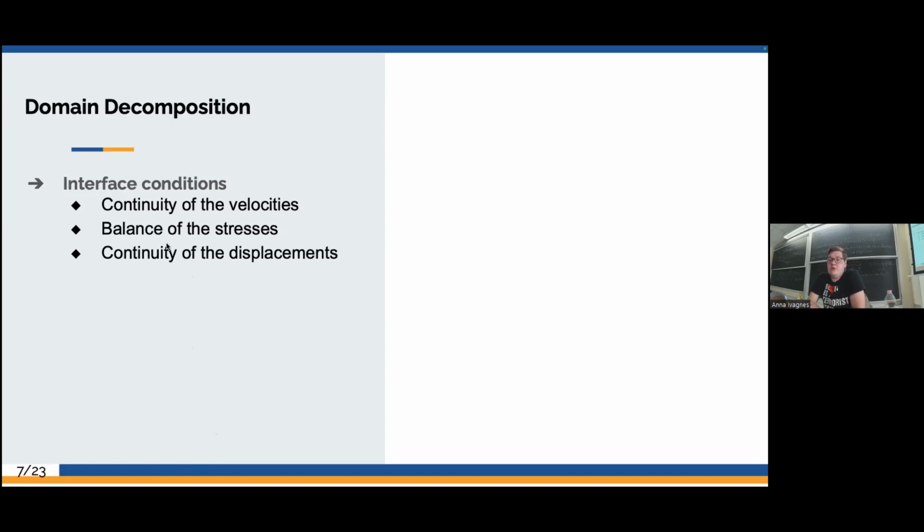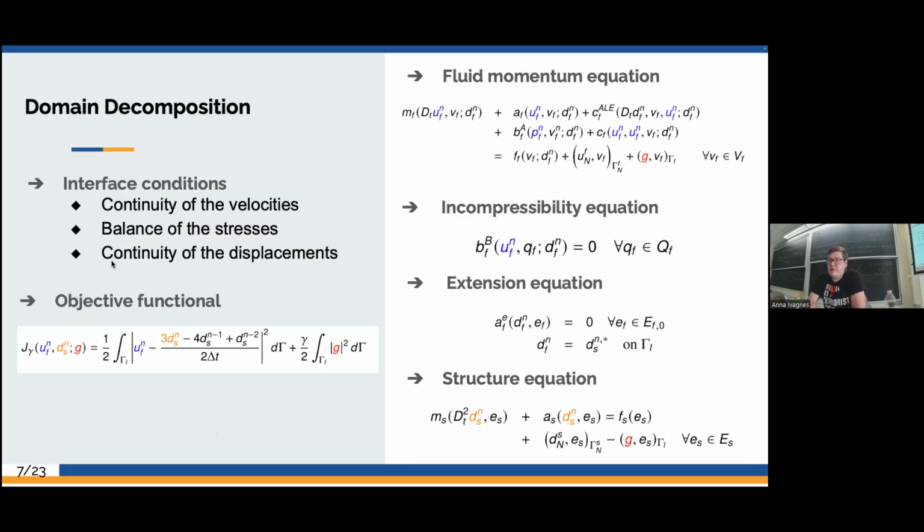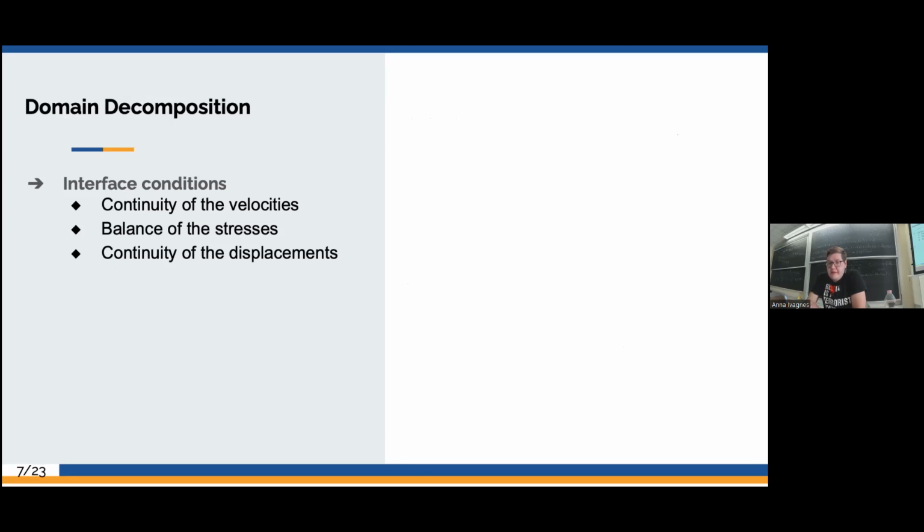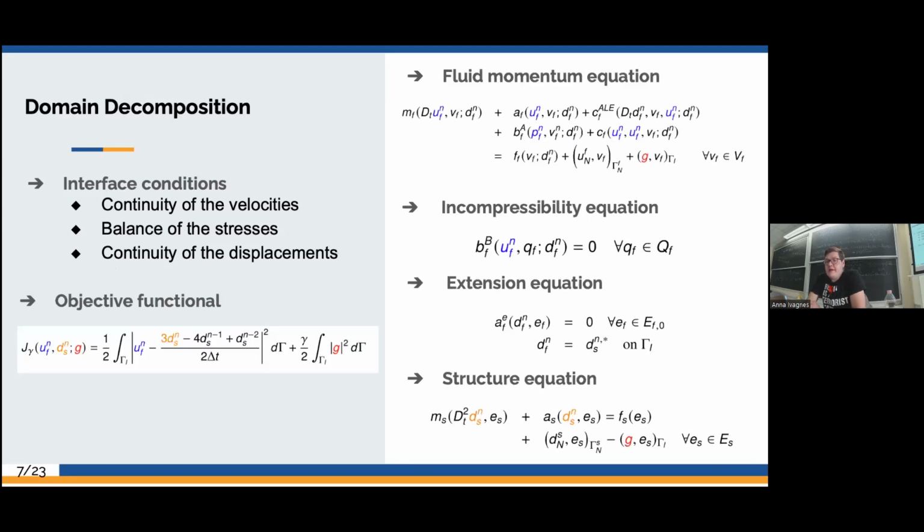So basically, this condition is already used in some way. So now we can use the continuity of the velocities and the balance of stresses in order to pose an optimal control problem, which goes as follows.